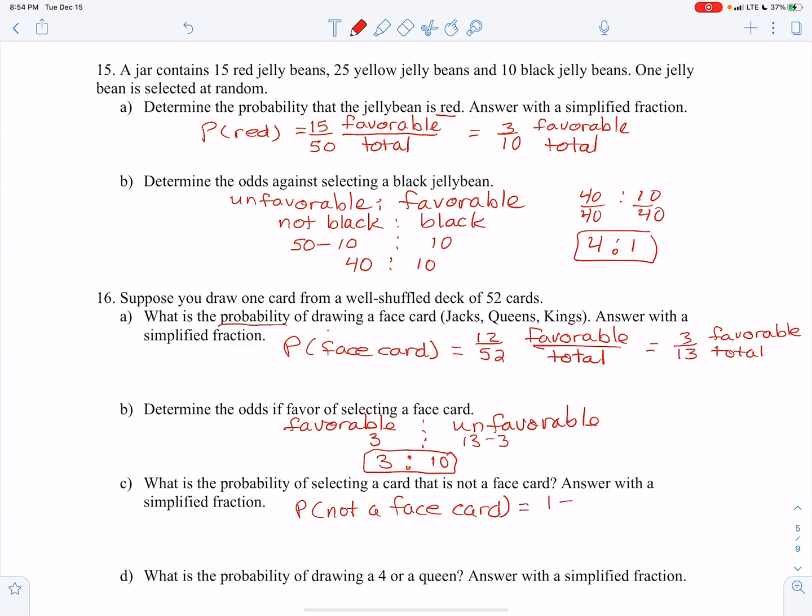So it's 1 minus the probability of selecting a face card. Well, that's 1 minus, we said the probability of selecting a face card was 3/13. Now I'll write that 1 as 13/13 minus the 3/13. So I have 10/13.